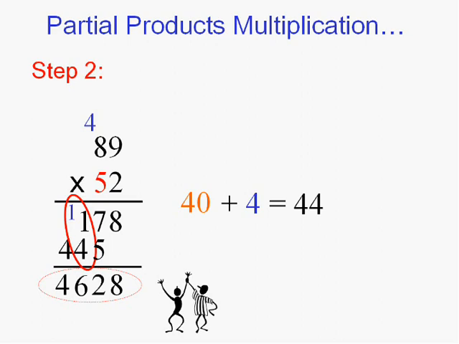Not so bad because we do a little bit of it at a time. Okay, now I'll expect you to show that work on the tests. Obviously you can check it with a calculator, but I want to make sure that you show that work. So you have to show your partial products, like the 178 and the 445 that you see there. If you don't show it, no work, no credit.